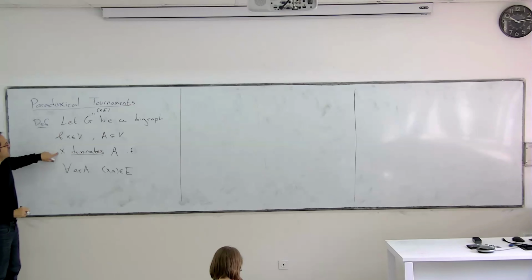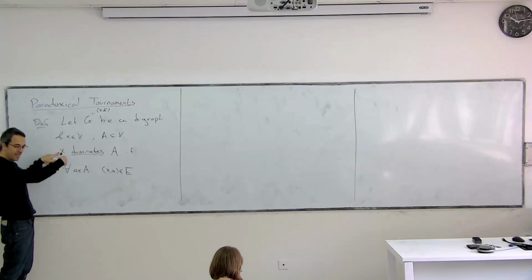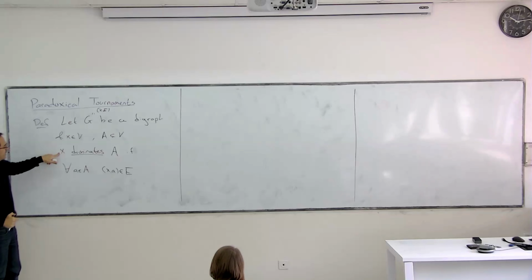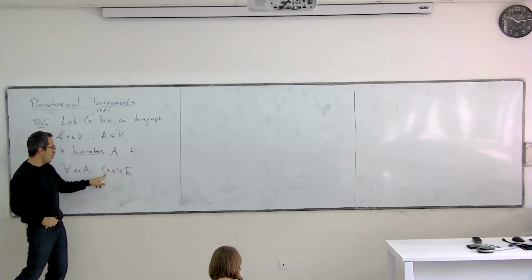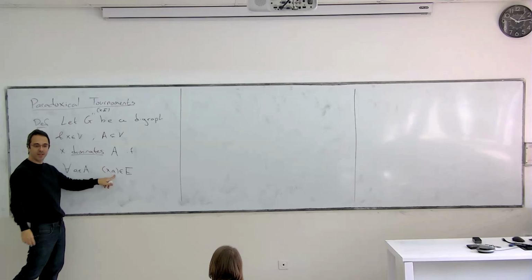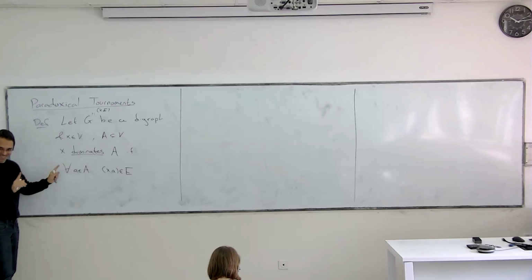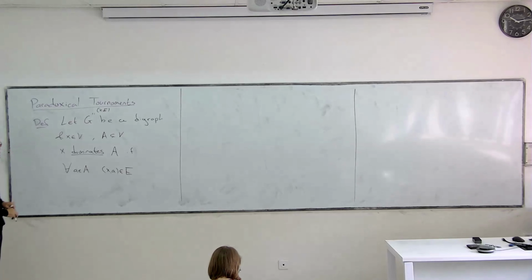Right, so if you think of it as players playing a game, an edge from player X to player Y means that X beat Y in the competition. There are no draws, and there is only one fight, one round.